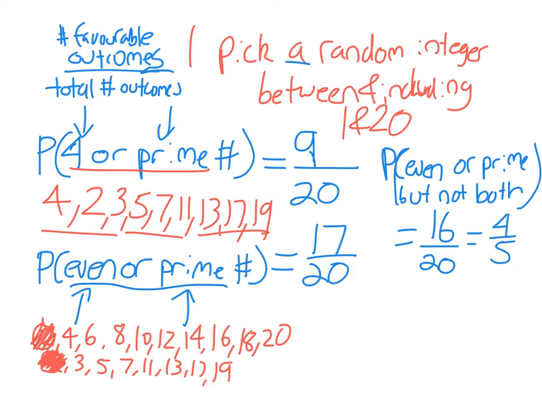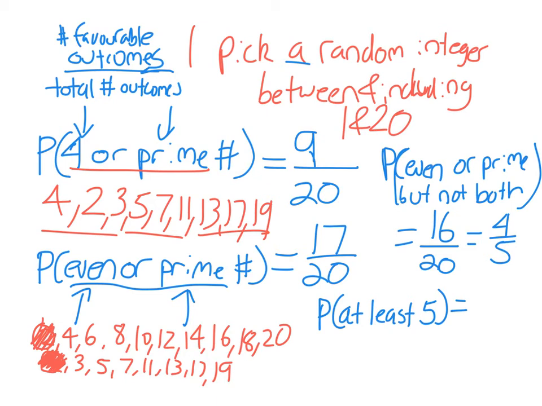Okay? Some other terminology we have to go through. If I pick a random integer between 1 and 20 inclusive, what would be the probability I pick a number that is at least 5? So at least does include 5. So I want to pick a number that is 5 or more.